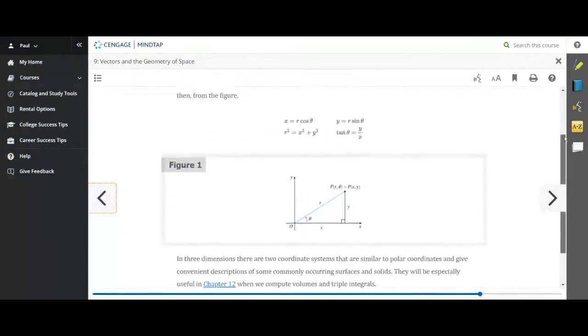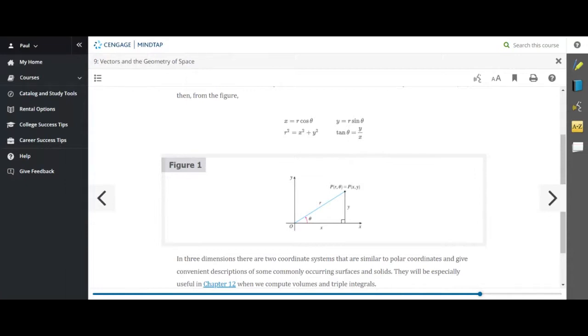So just a little review, based on figure 1 here. This is the xy plane, and you have an angle theta measured from the positive x-axis and a radius r, and there is a polar coordinate and a Cartesian coordinate.